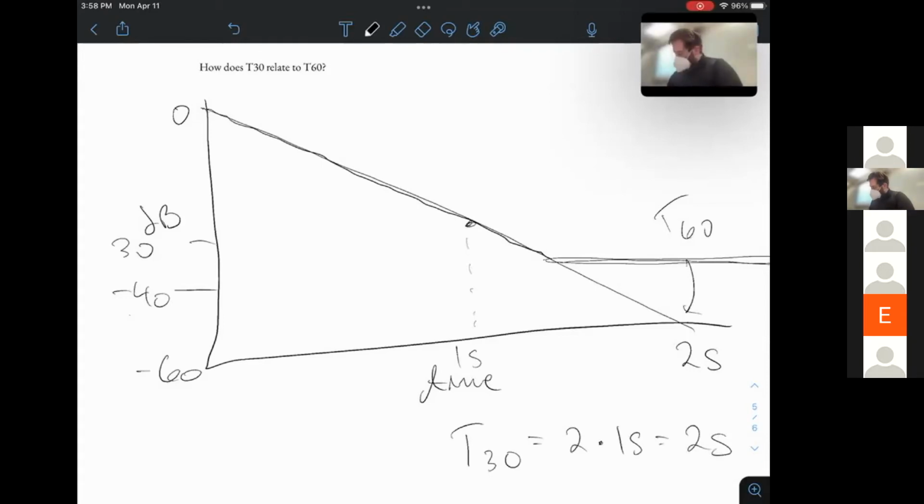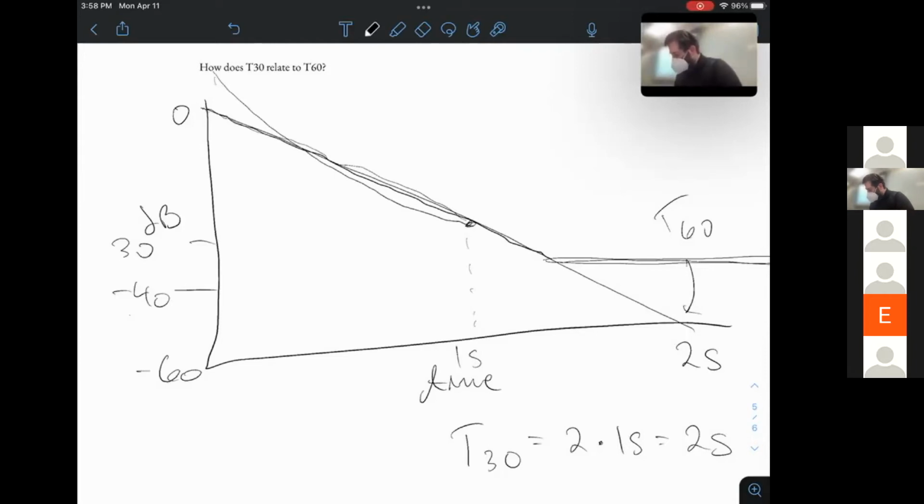The reason it even exists is because I'm trusting that this decay is perfectly linear here. If it's actually a little bit different, if I have some behavior like this maybe, or whatever, if it's not perfectly linear in some way, then this and this won't be equal.